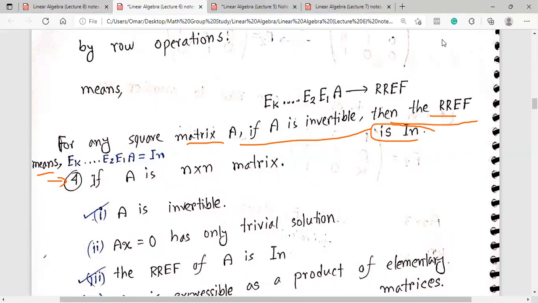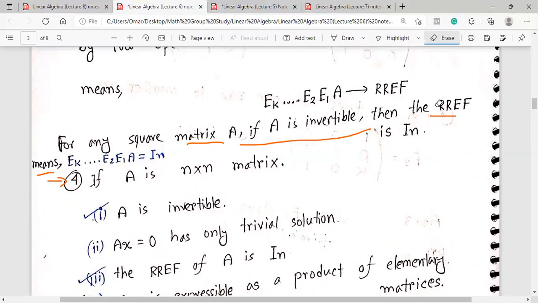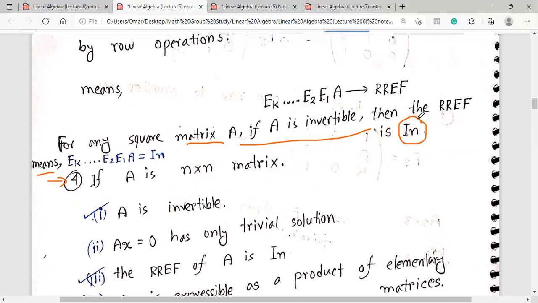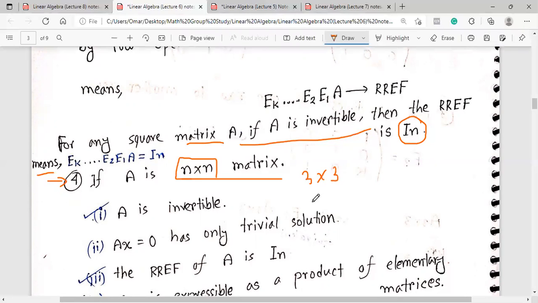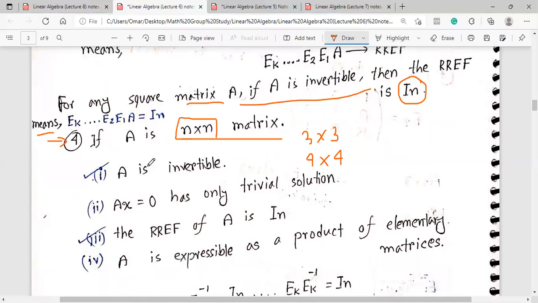Here I is the identity matrix. So if A is an n by n matrix, that means it is a square matrix, right? Because n by n means it can be 3 by 3 matrix or 4 by 4 matrix.